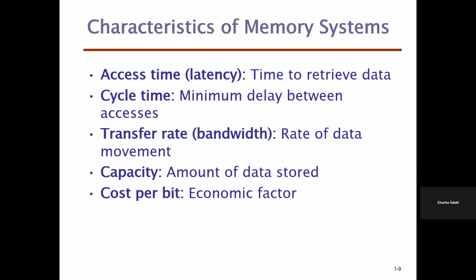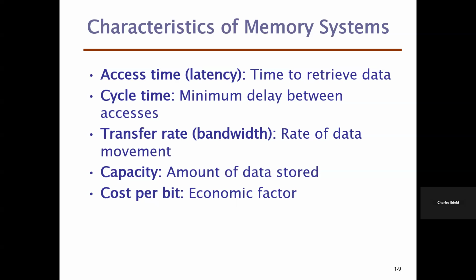Then capacity is the total amount of data the memory can store. Then we have cost per bit, which normally determines the economic feasibility of a memory type.